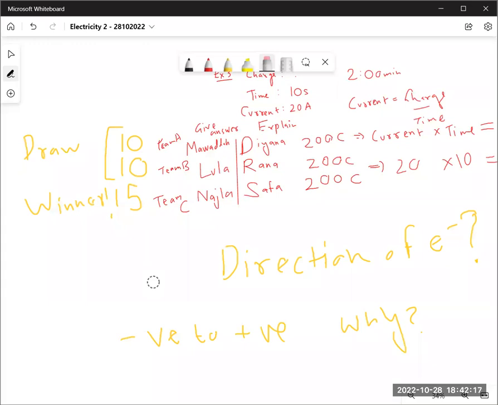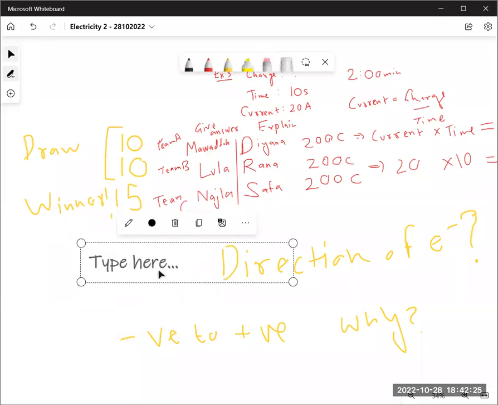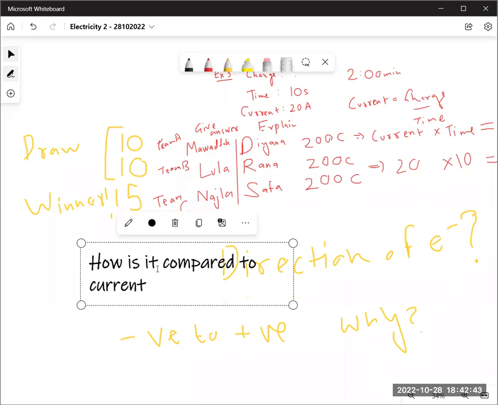How can I compare electron direction with the direction of current? If time runs out, then I'll have to give the answer.